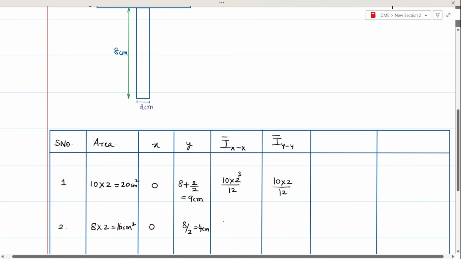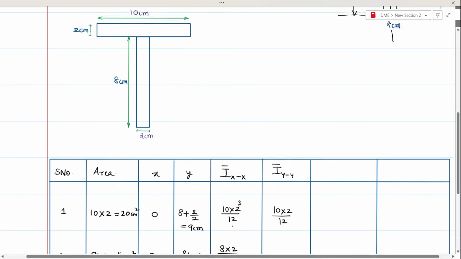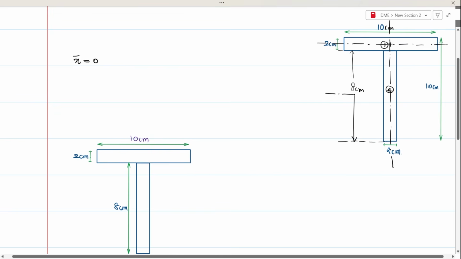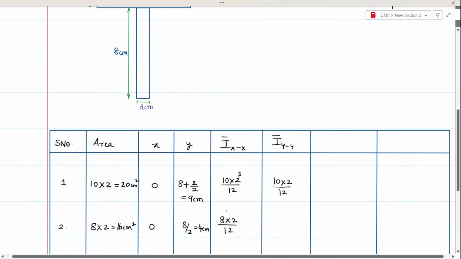Next, for the second area, height is 8 and thickness is 2 by 12, and the dimension perpendicular to the centroidal x-axis for area 2, that is 8, should be raised to the power 3.